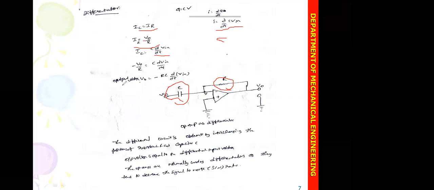Both currents are equal, so minus V0 by R is equal to C d by dt VIN. So the output voltage V0 is equal to minus RC d by dt VIN.